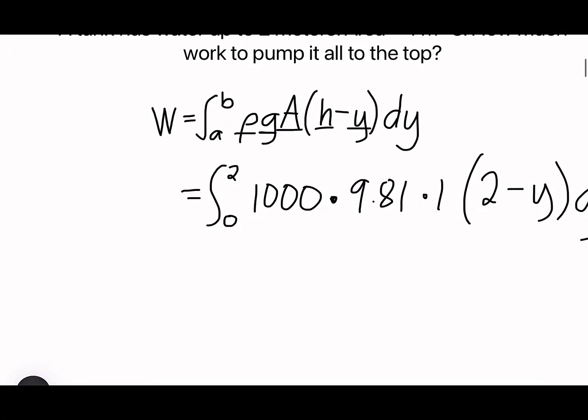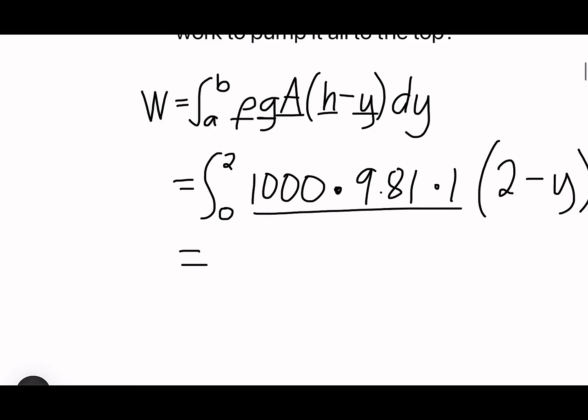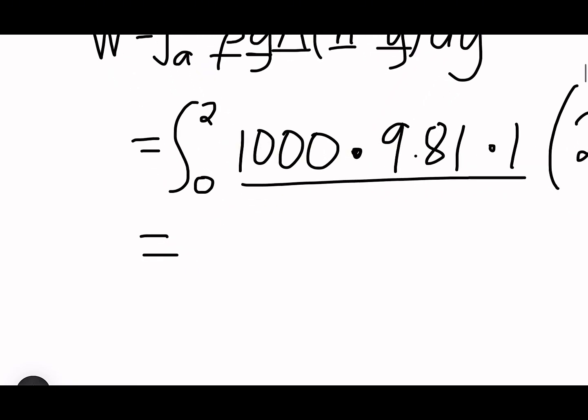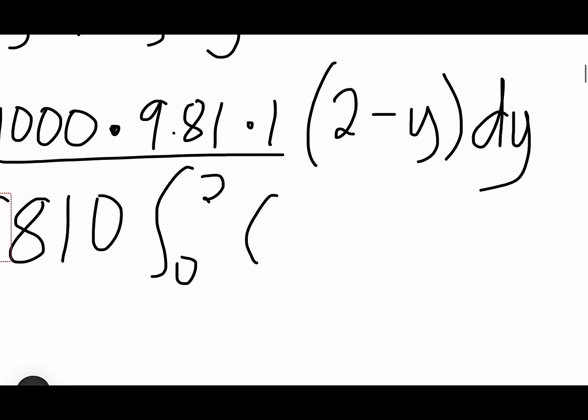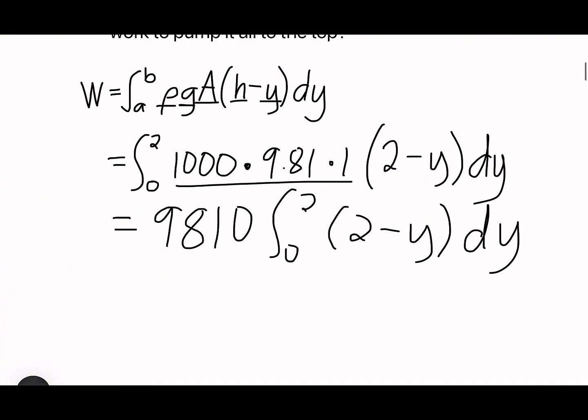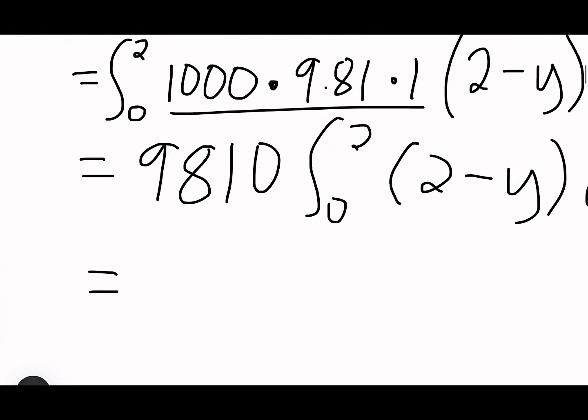Next is multiply these 3, and after you multiply, we can already put it in front of the integral. So it's going to be 9810 from 0 to 2, and just copy 2 minus y dy. So now we can integrate this.